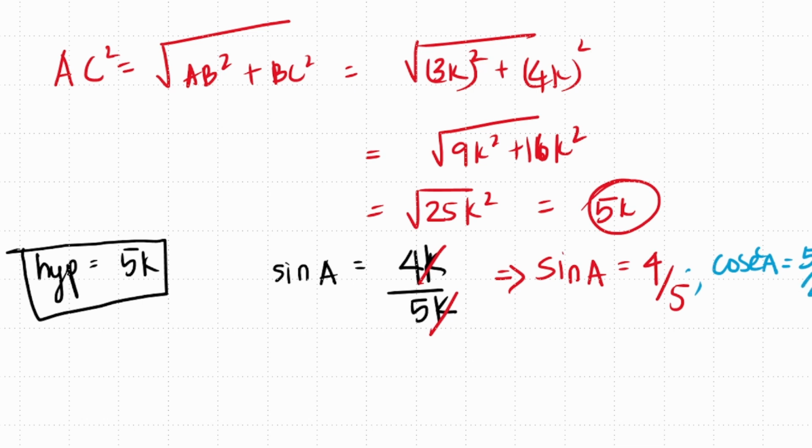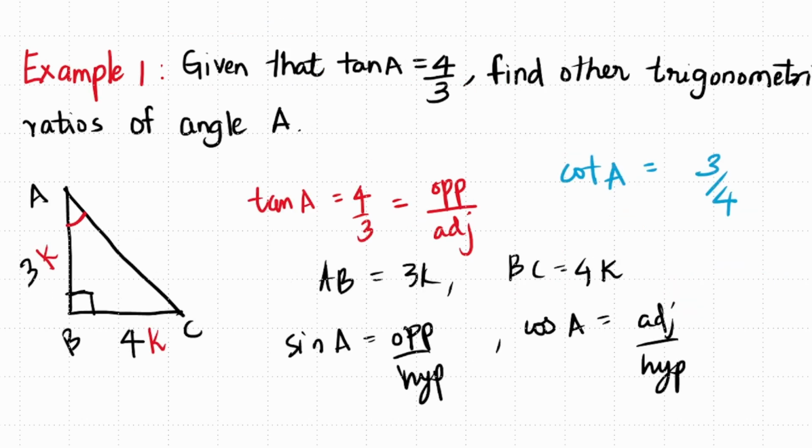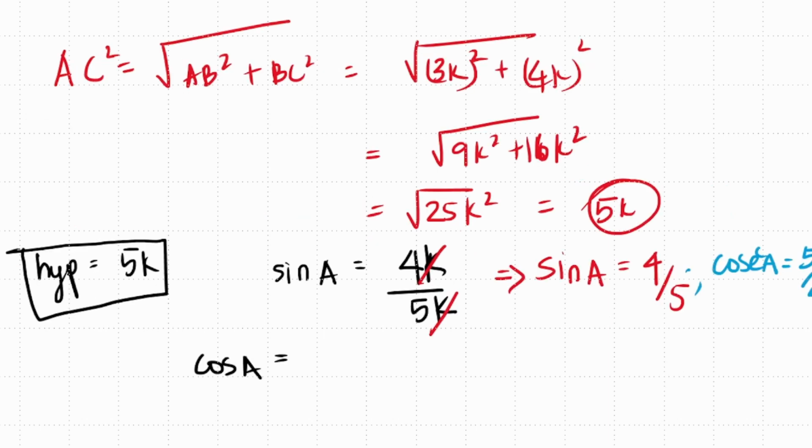Now you need to find cos A, and the adjacent side here is given as 3K, right? With respect to A, AB is the adjacent side and AB is given as 3K. So it is 3K and you have the hypotenuse, that is 5K. We cancel off K again, which implies cos A equals 3 by 5, and which also implies, what's the reciprocal of cos?